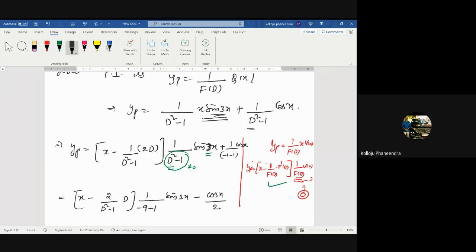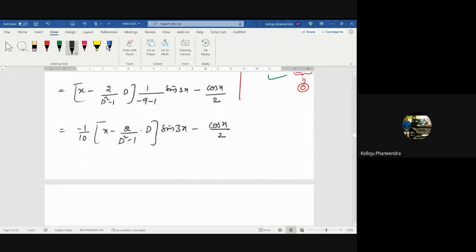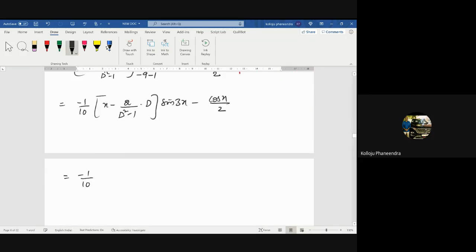Now this is minus 1 by 10 x minus 2D by D square minus 1 of sine 3x, cosine x by 2. This is negative 1 by 10. Take sine 3x inside. X into sine 3x minus 2 by D square minus 1 derivative of sine 3x. That is why we have written D here, not here. Minus cosine x by 2.